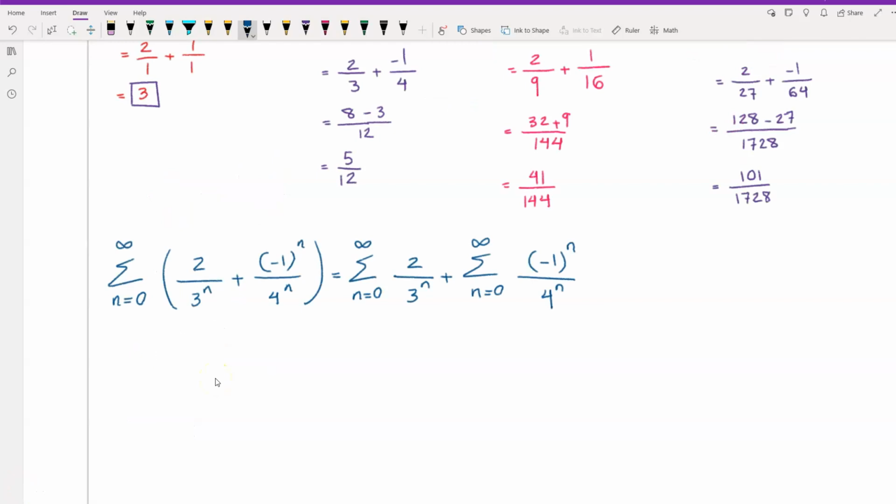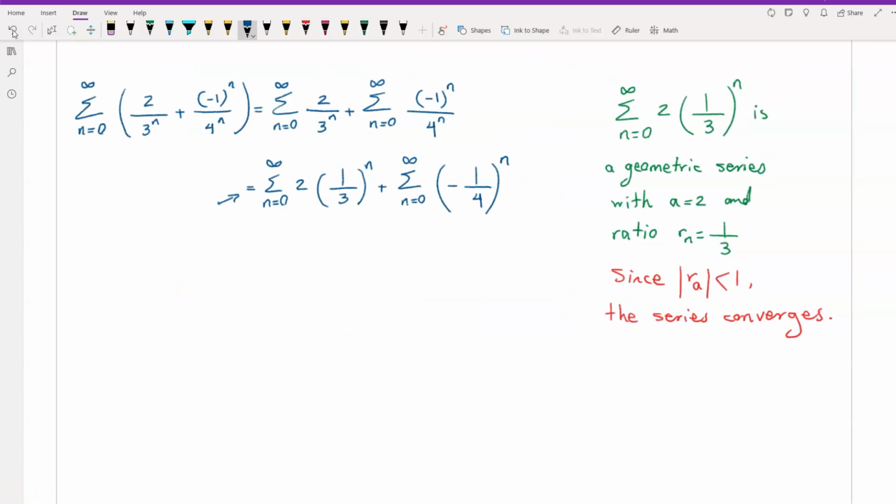The given series is equal to the sum of the first part, 2 over 3 to the n power, n from 0 to infinity, plus the second part, the sum of negative 1 to the n power divided by 4 to the n power, n from 0 to infinity. So now this is equal to the sum of 2 times 1/3 to the n power.